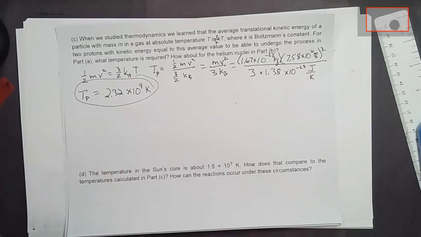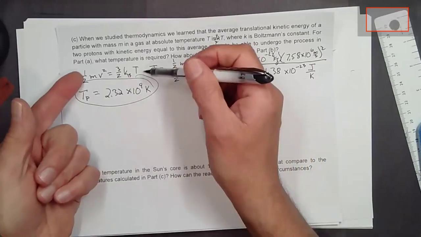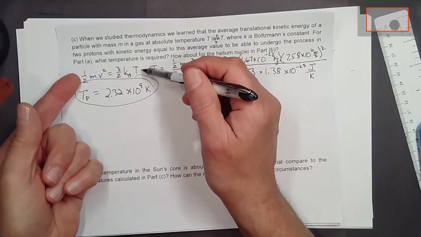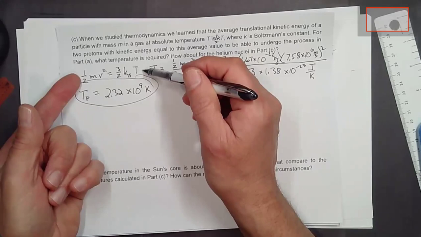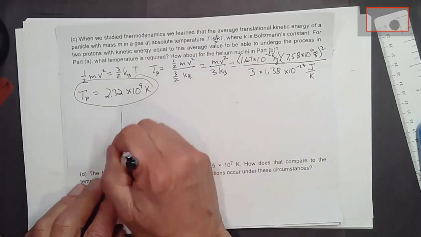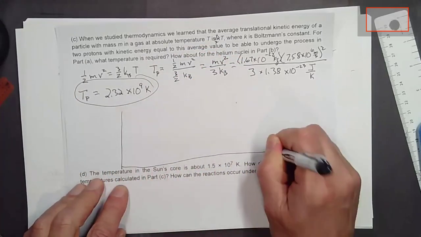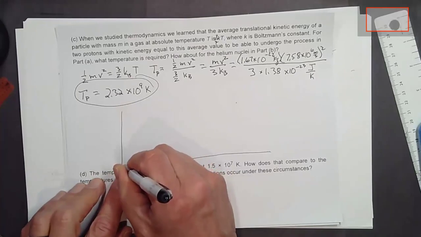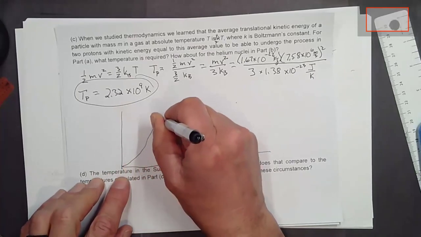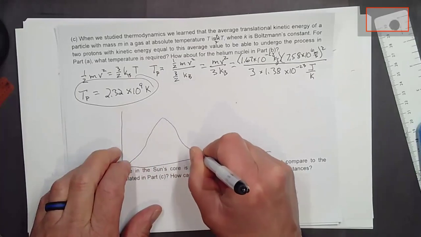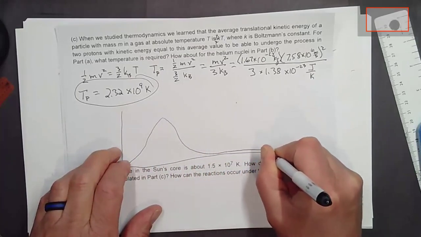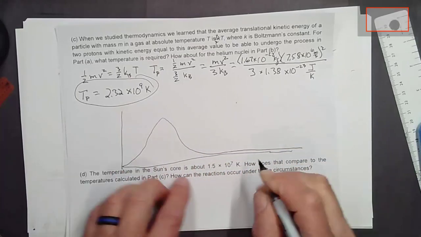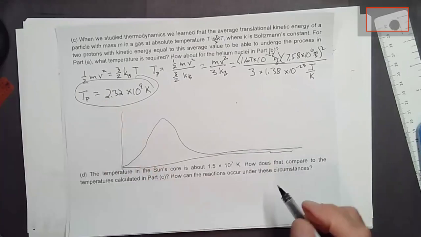So how does that compare? How can the reactions occur under these circumstances? Well, this is the expression for the average kinetic energy of a particle. And you remember when we studied thermodynamics, the actual particle speeds have this curve where some fraction of the particles are moving much faster than this speed.